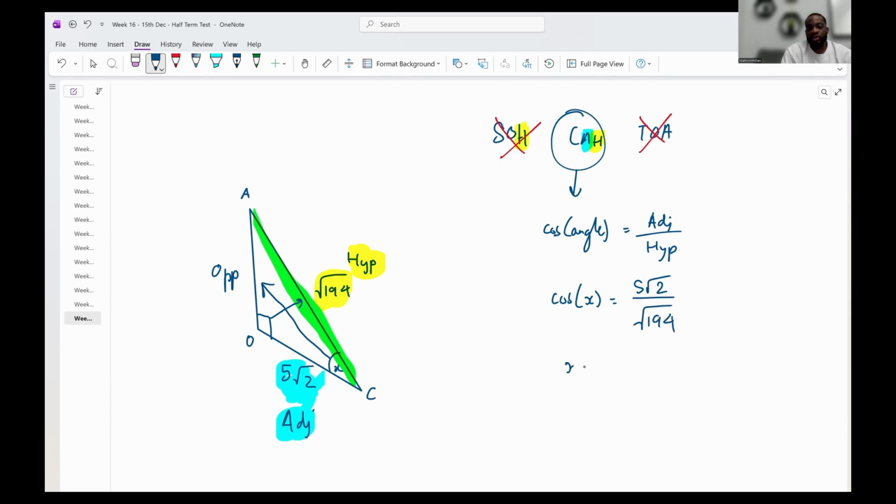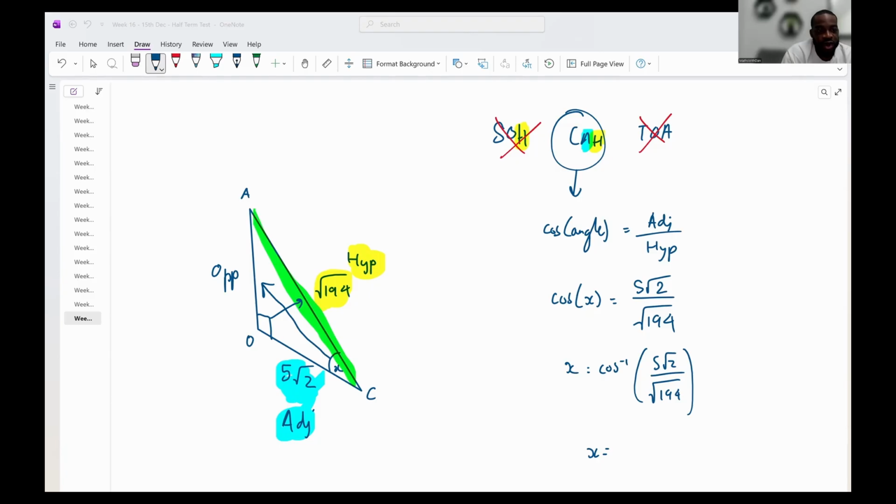To get x, we just do the cos inverse of 5 root 2 over the square root of 194. So x is literally going to be whatever this is equal to. Put that into the calculator: cos inverse of 5 root 2 divided by the square root of 194.